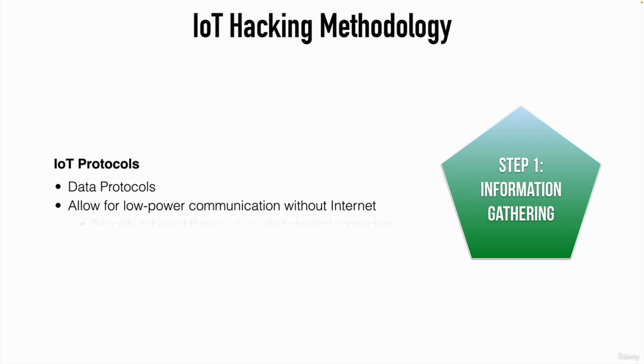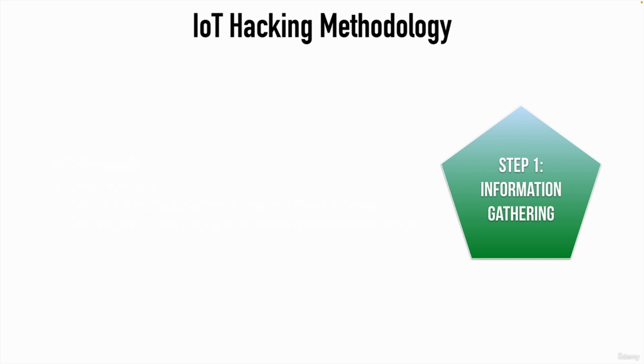This is typically achieved through a dedicated physical connection between the device and the user interface. These data protocols would be of less interest to us since it would require some sort of physical tampering in order to gain access. The category that is of more interest in regard to our hacking methodology is network protocols.